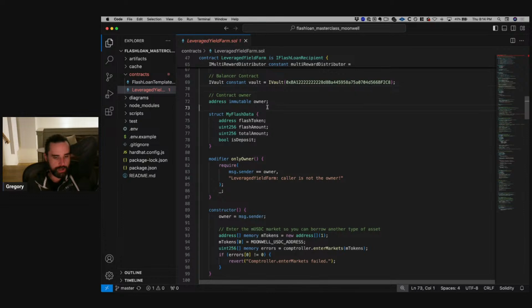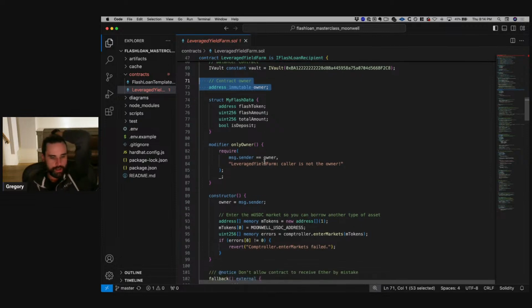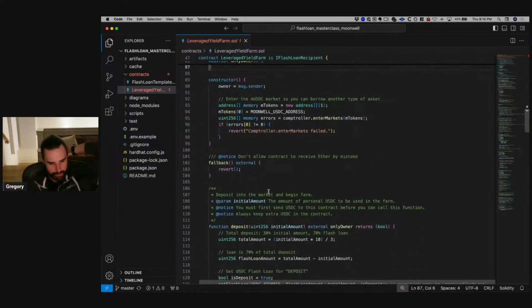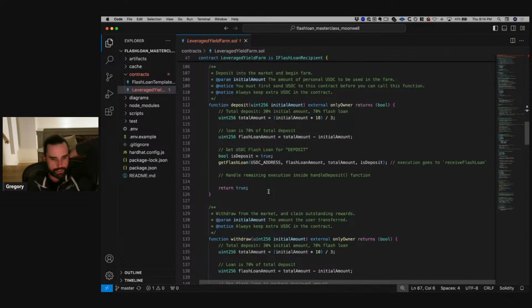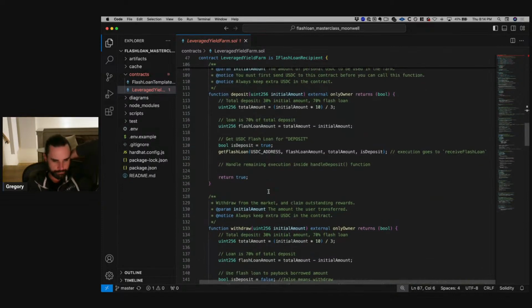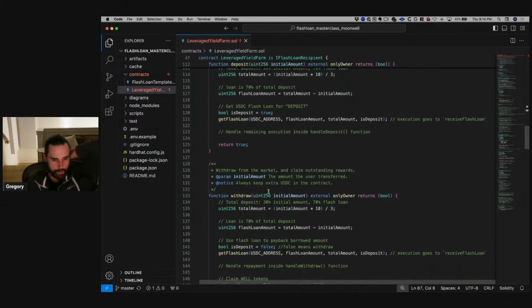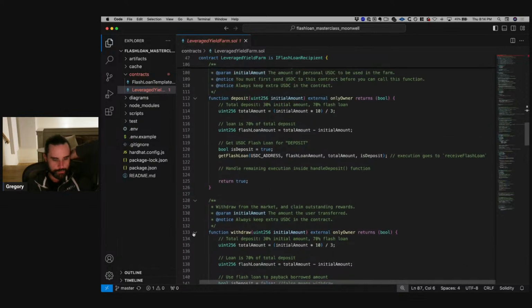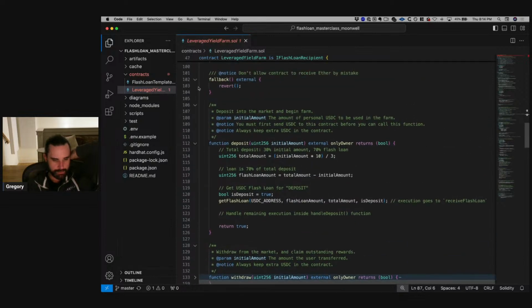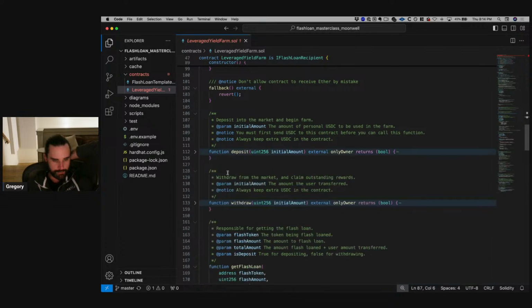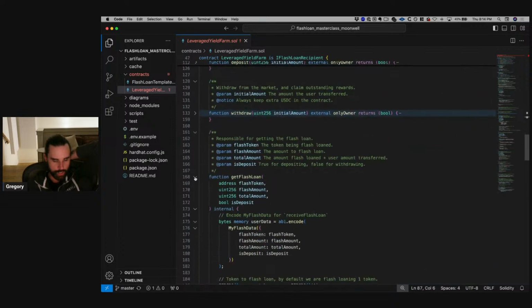And then we also have an address for the owner, which is basically your developer wallet, so that you're the only person who can call the functions on this contract. That's what the onlyOwner modifier is for. Let's look at a couple of things. We've got two main functions. I'm going to collapse these. We've got the deposit function and the withdraw function.